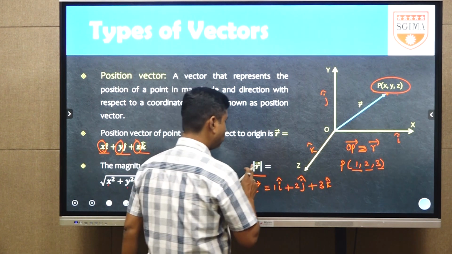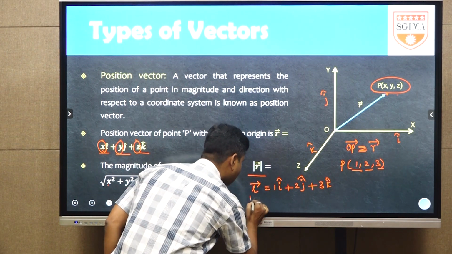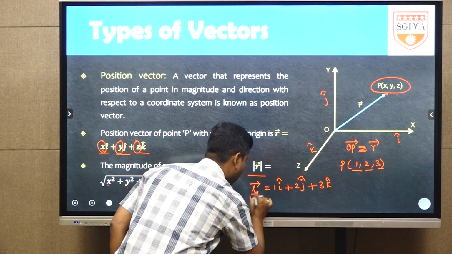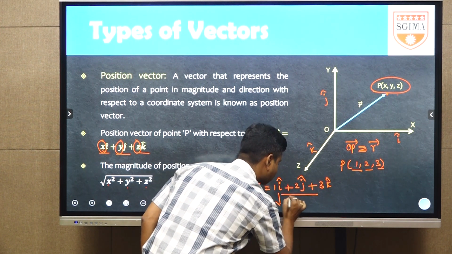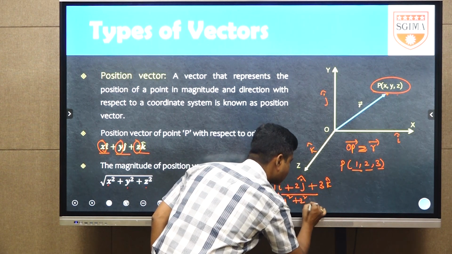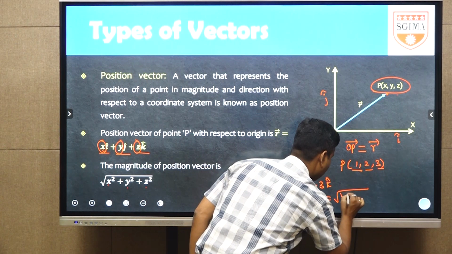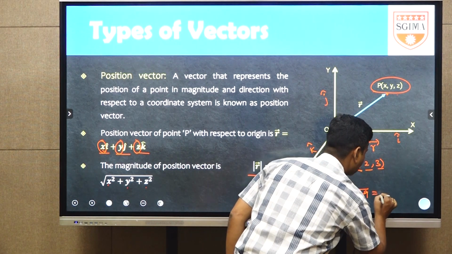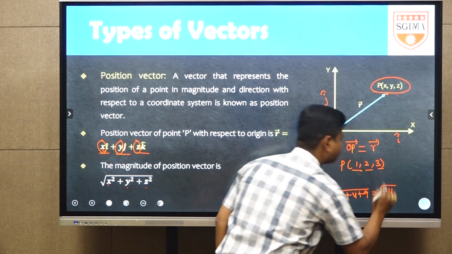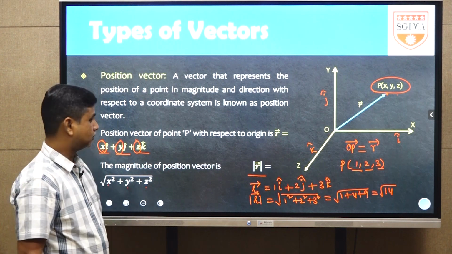Then the modulus of R bar equals the square root of 1 square plus 2 square plus 3 square, which is the square root of 1 plus 4 plus 9, which equals the square root of 14. That is the magnitude of the vector.